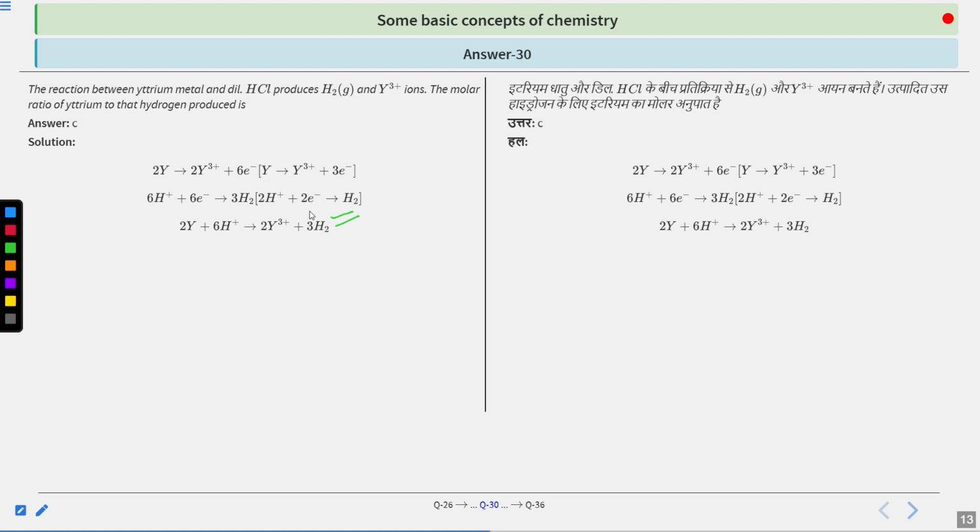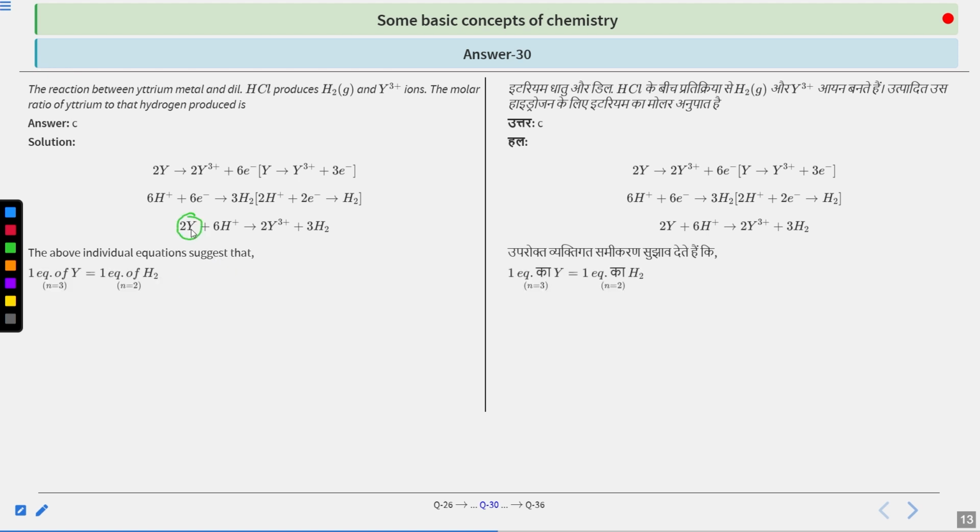But what we have to find is the ratio of yttrium to that of hydrogen that is produced. The above individual equations suggest that one equivalent of Y is reacting with one equivalent of H2, or we can say n is equal to 3 for Y and n is equal to 2 for one equivalent of H2. Clear?